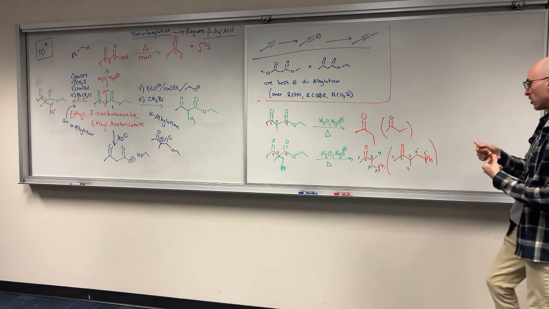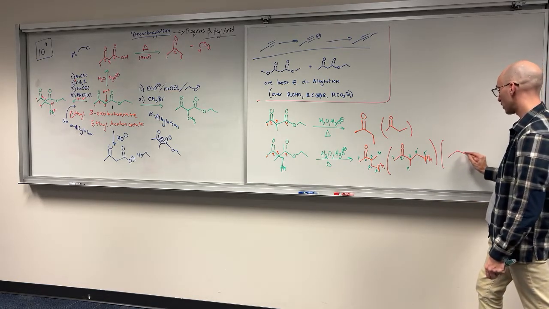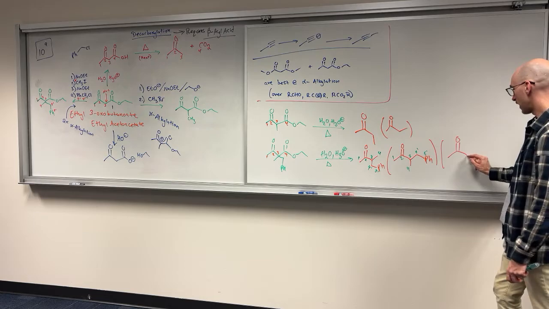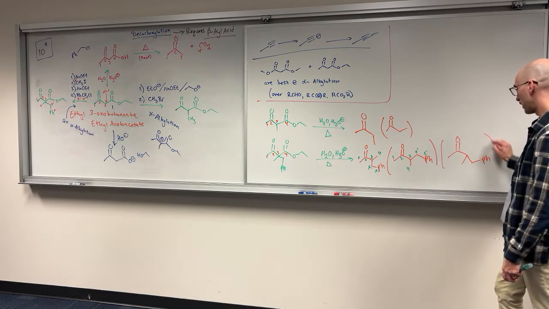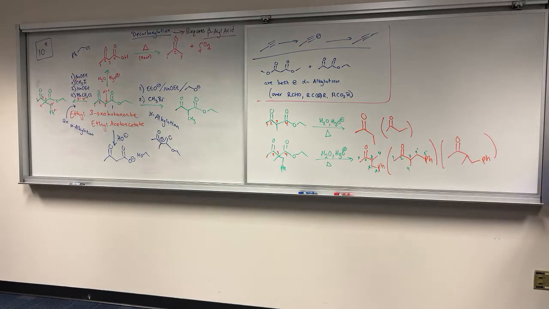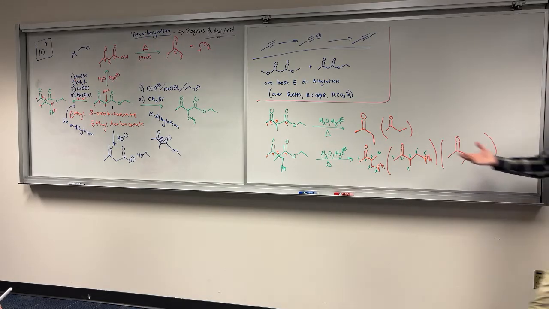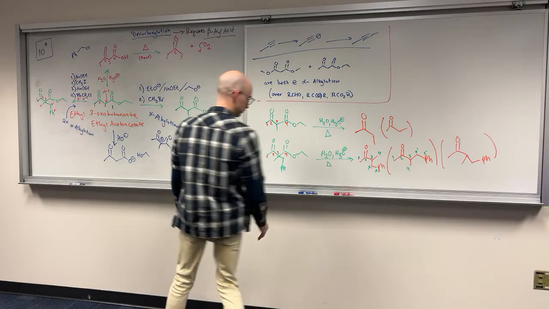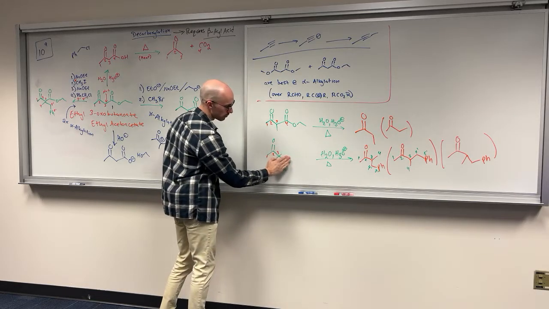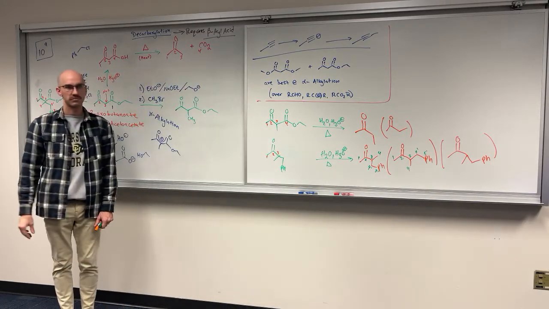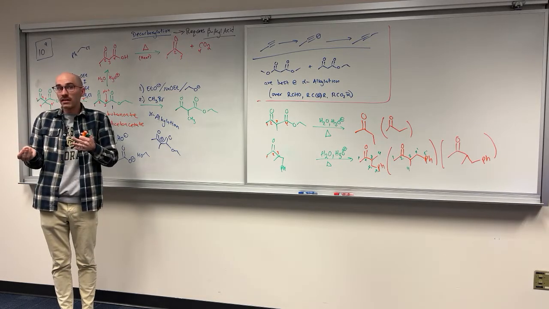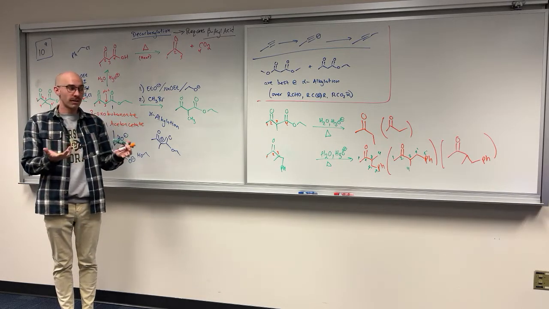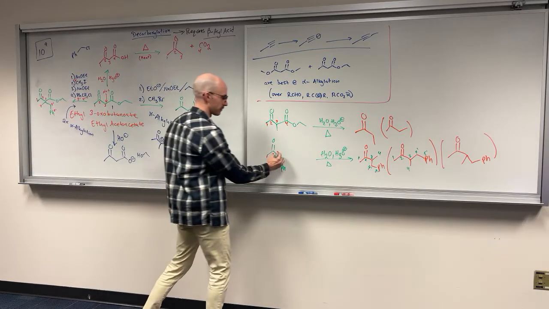One other way that I saw somebody draw this product, which is correct, is to have the methyl group come down like this, and then the benzyl group come down like this. All they did was take that starting material, decarboxylate, copy, paste. It's not exactly pretty, but it's not at all incorrect. It's completely correct.